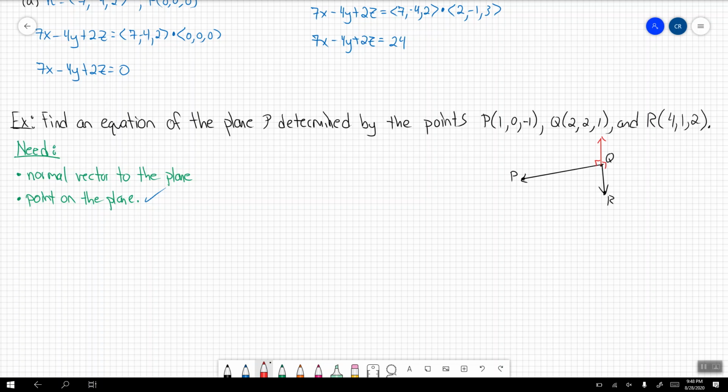Which means we now need to construct 2 vectors from the 3 given points. Once we find those 2 vectors, we then need to find the cross product between them. That will give us a vector that is orthogonal to both vectors. But since both of the initial vectors are on the plane, that cross product will then be orthogonal to the plane.